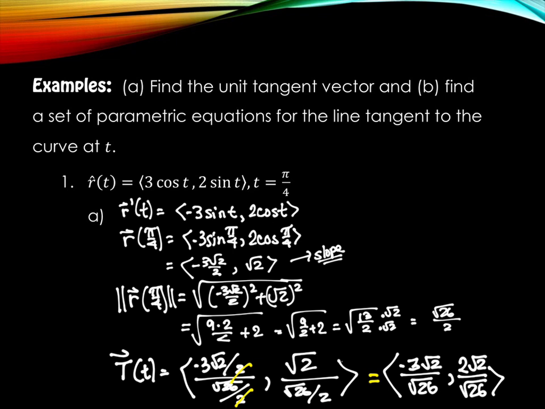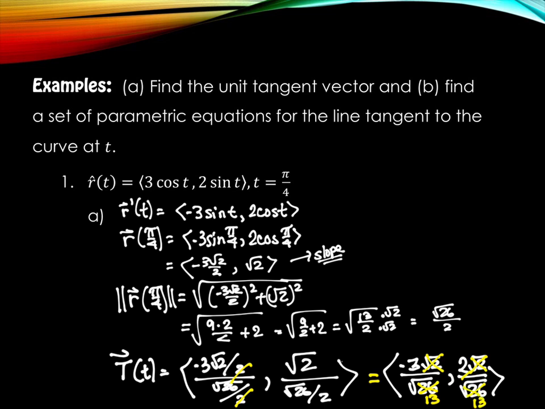The parts that actually can simplify underneath the radical, we can do that, and then we can rationalize. So this square root 2 actually will completely cancel out with this 26, leaving me with 13 there. And this square root 2 will cancel out with this 26, leaving me with a 13 there.